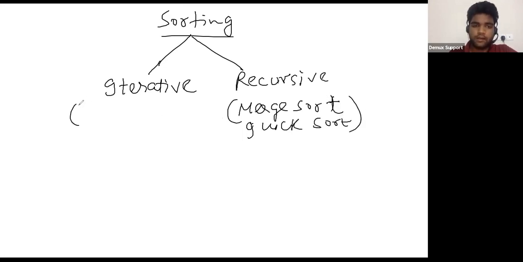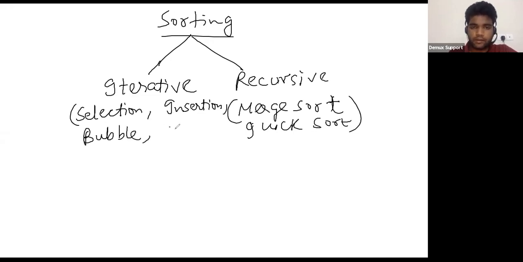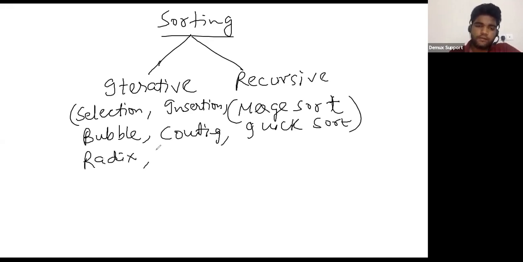And iterative algorithms, I guess you already know. You have selection sort, you have insertion sort, you have bubble sort, then you have counting sort, you have radix sort, and then you also have bucket sort.